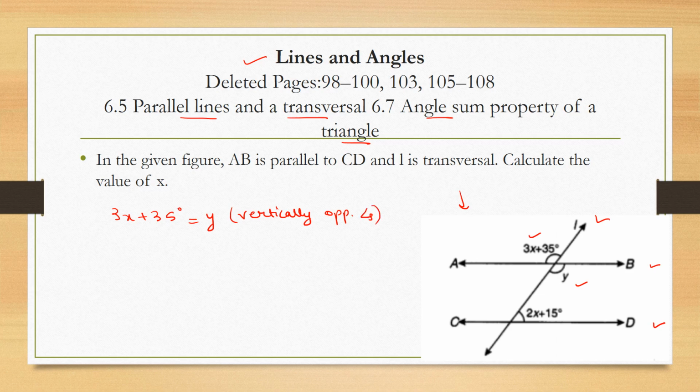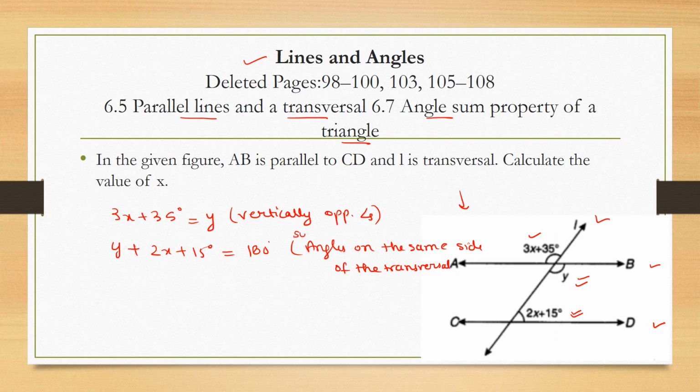And then y and 2x plus 15 are on the same side of the transversal, that too on the interior part. So the summation will be supplementary. Correct? Because for angles on the same side of the transversal, the sum is 180 degrees.